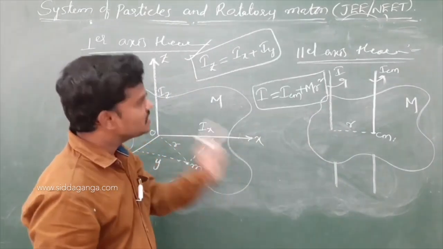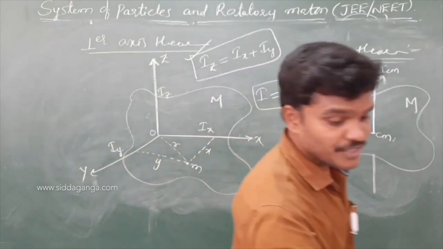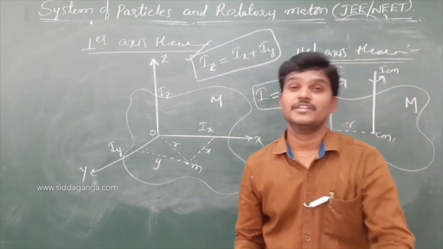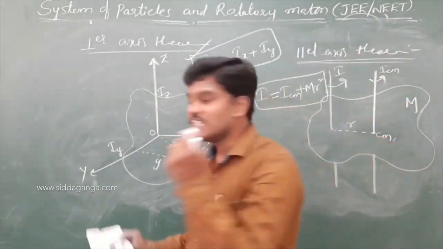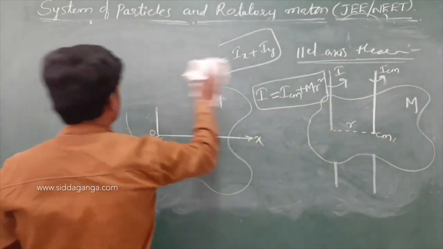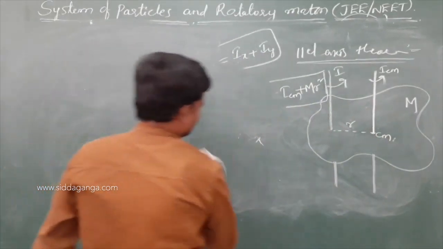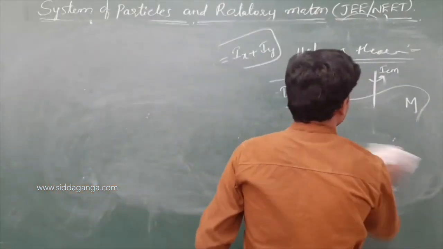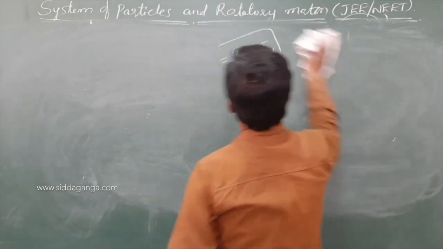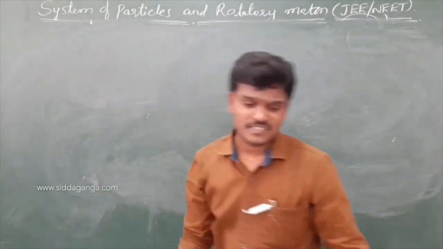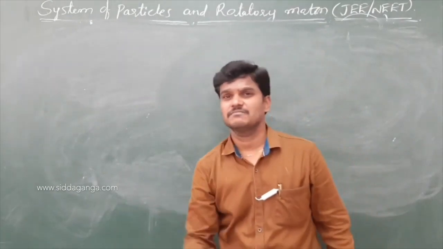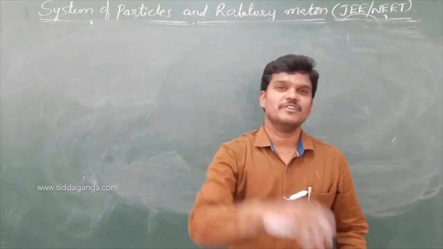So by using this, we are going to find the moment of inertia of different objects. There are three different types of objects. One is a linear type object, with length. Another is an areal type, a surface. Another is volumetric bodies.